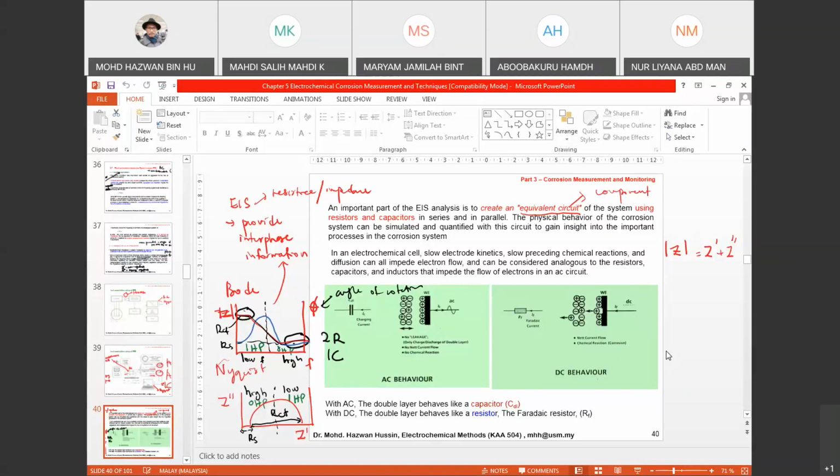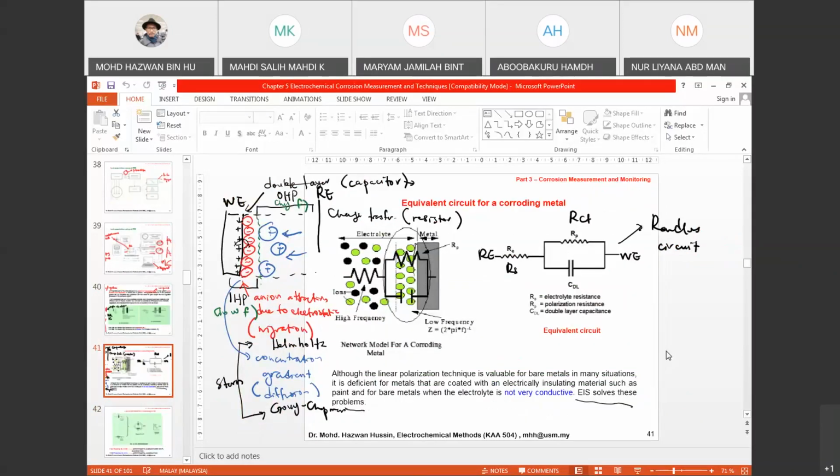From the Bode plot, you can see how many resistances and how many capacitances can form on any particular electrode. With this information, you can predict the interface mechanism.